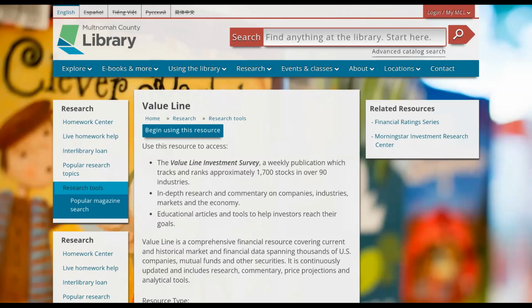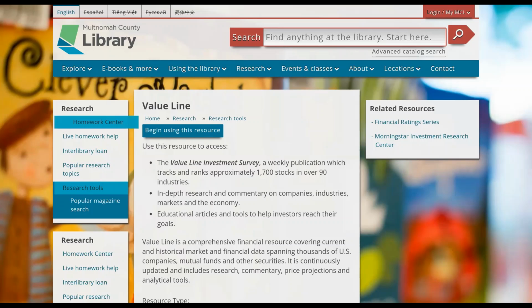You see the Value Line screen, Rich? I don't see it, do you? Yeah, you're on the Value Line screen right now, and it says beginning using the research resource.